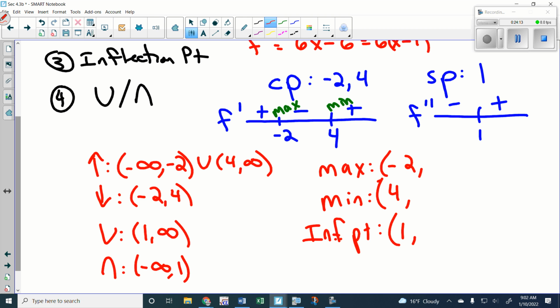If I take -2 and I plug it back into the original, what you get is your max. Anybody? 60. If I plug 4 in, my min is -48. If I plug 1 in, I get 6.